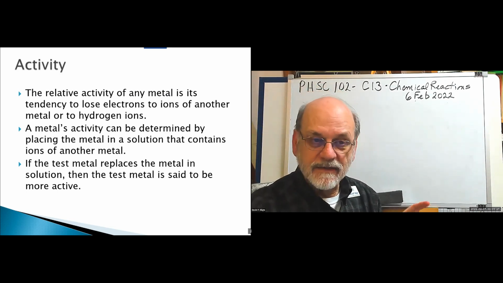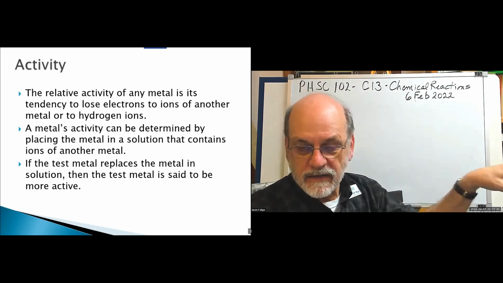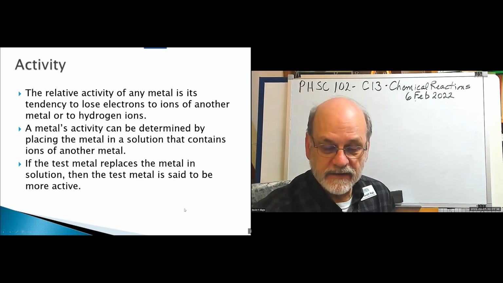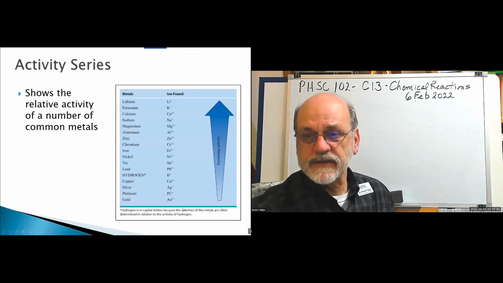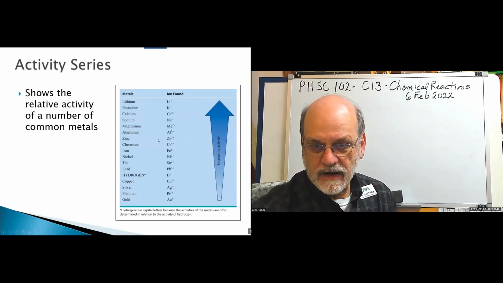If it can, then we say that the replacing metal is more active than the metal in the compound. That's what activity means. And this occurs in solution. And we can order these things right here.